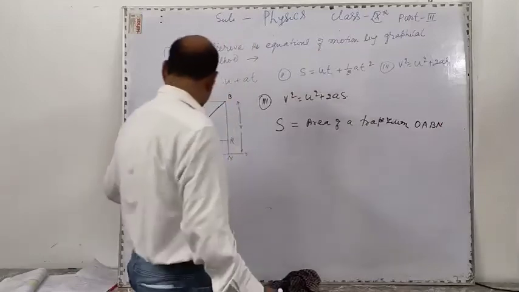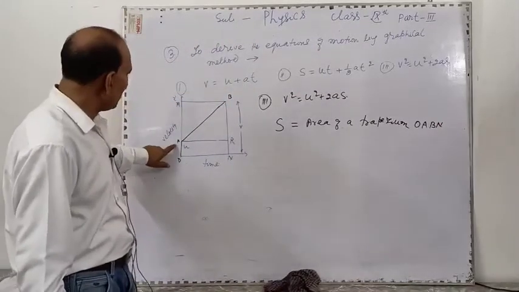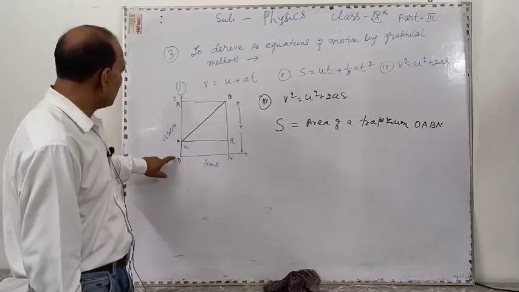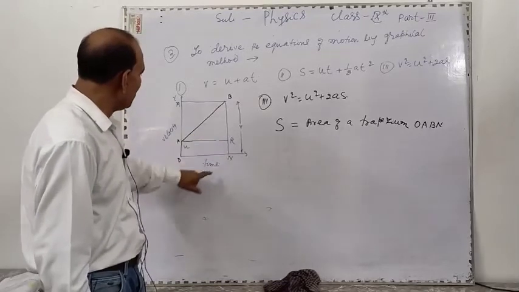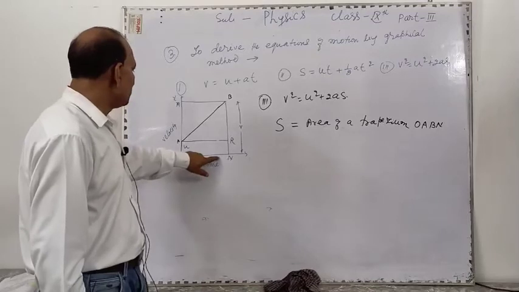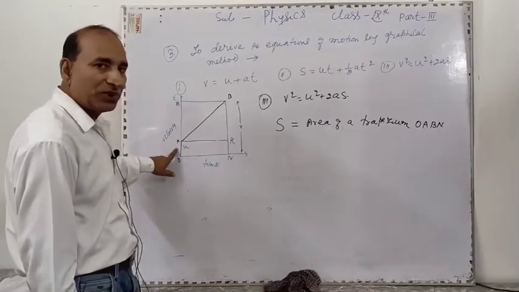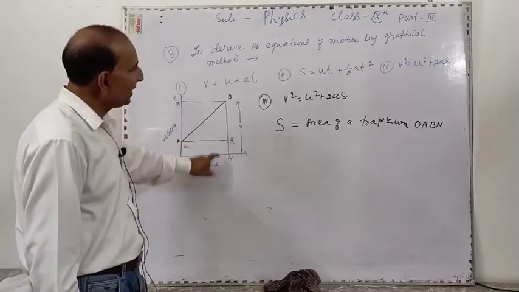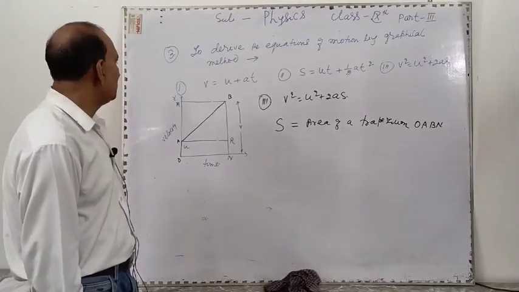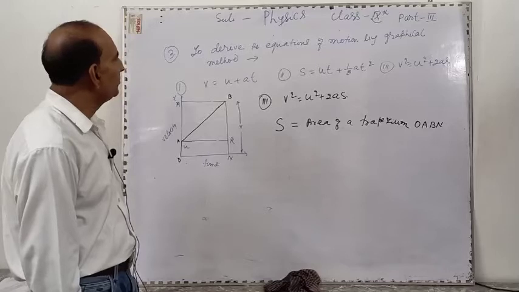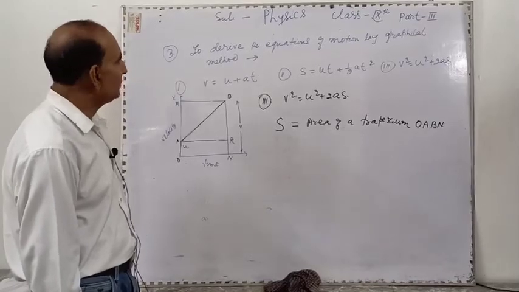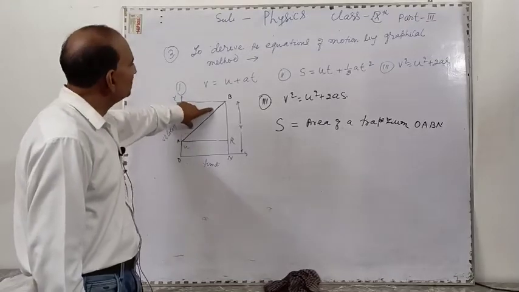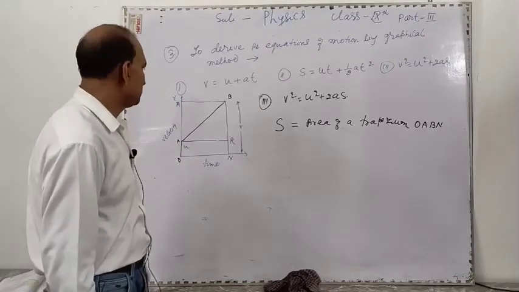Here in the given figure, OABN is a trapezium because OA is parallel to BN and ON is the perpendicular distance between two parallel lines.